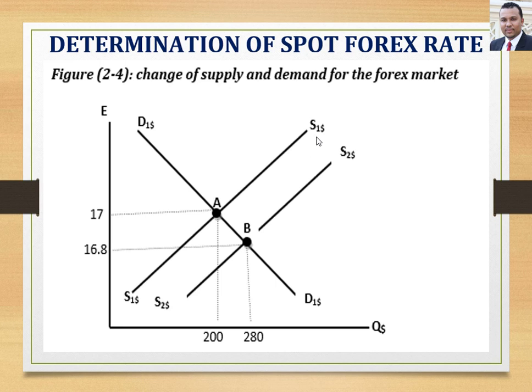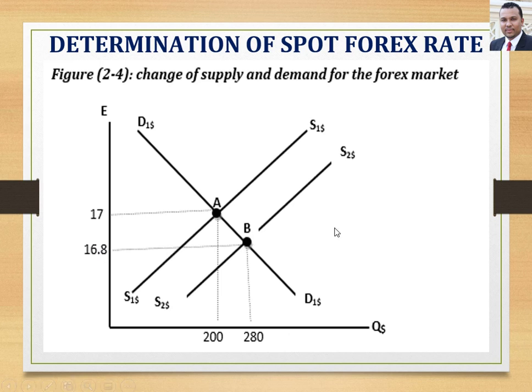So when the supply curve shifted to the right from S1 to S2 with constant demand for dollars, we get another equilibrium at point B. What happened to the exchange rate? The spot forex rate decreased from 17 Egyptian pounds per US dollar to 16.8 Egyptian pounds per US dollar.